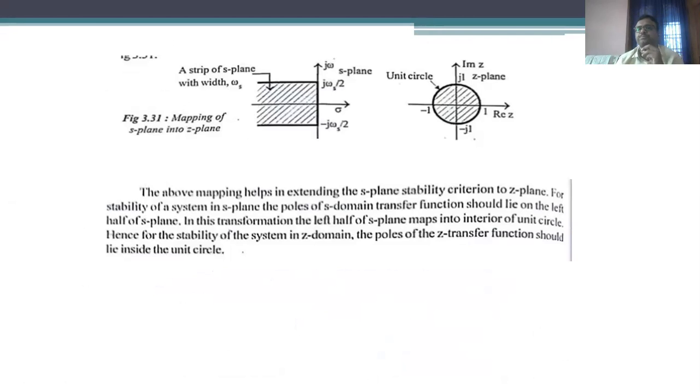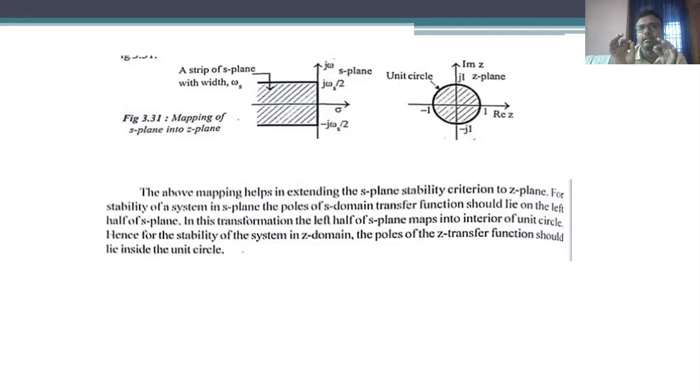Okay, so for the stability condition of the system in the S plane, the poles of the S domain transfer function should lie on the left hand side of the S plane. Similarly, the poles of the transfer function in the Z plane have to be within the unit circle.